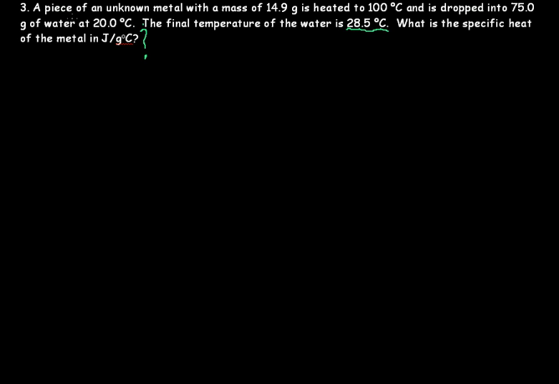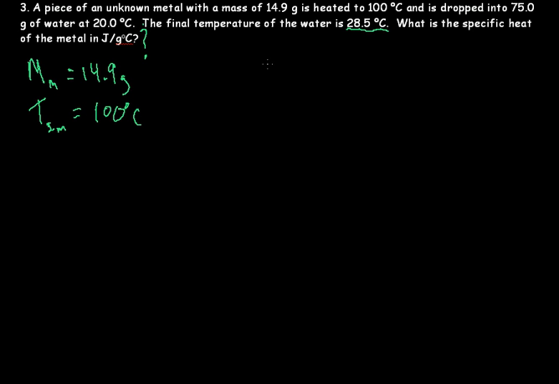So what does this problem give us? We've got a mass of our metal, which I will call MM, or M1 if we wanted to, of 14.9 grams. And we're going to heat it to an initial temperature. So my temperature initial, Ti of our metal, is 100 degrees Celsius.